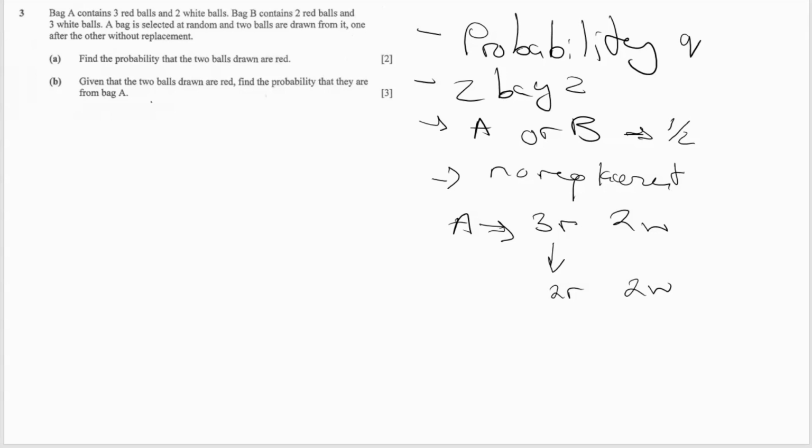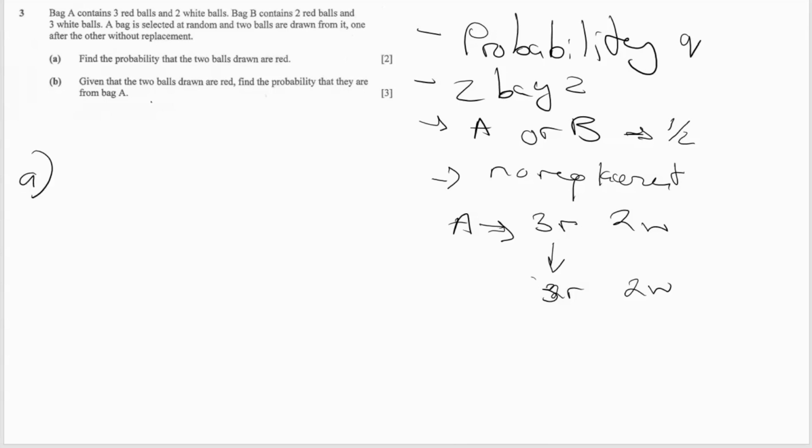And if I continue doing that, that's how we're going to solve. So it's very important for us to remember that this is without replacement. If there was replacement, then you would pick the red ball and place it back, and when you pick again, you still remain with the same 3 red balls and 2 white balls.